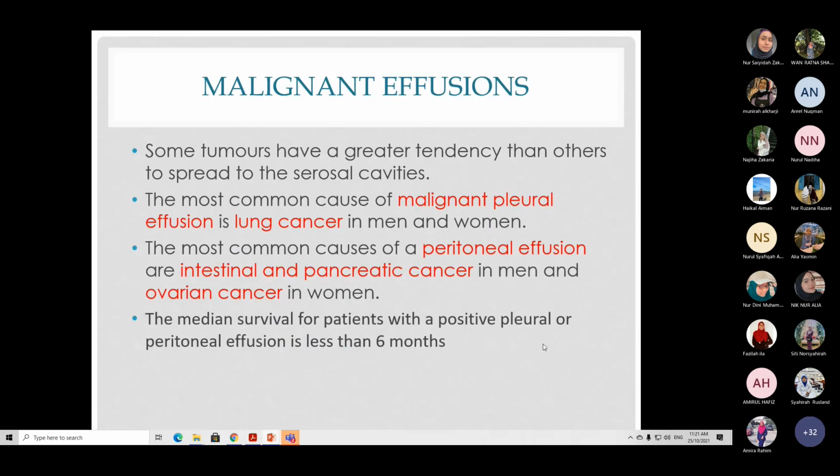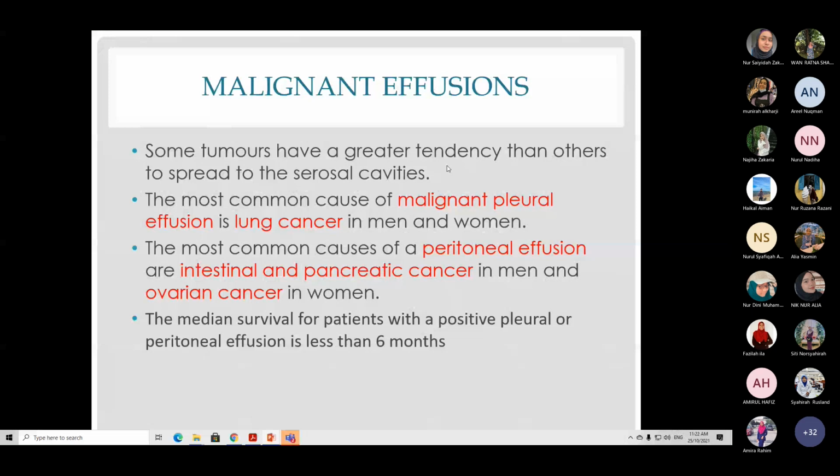Alright, now we go to malignant. Some tumors have a greater tendency than others to spread to the serosal cavities. So bear in mind, students, the malignant cases here can arise from the serosal cavity itself, from pleural, pericardial, or peritoneal, or can be caused by tumors from other organs that go to that serosal cavity, like lung cancer, breast cancer, or other cancers that can travel to the cavity.